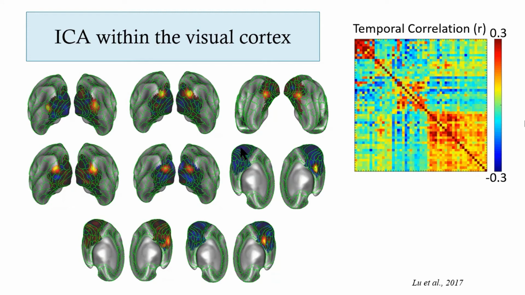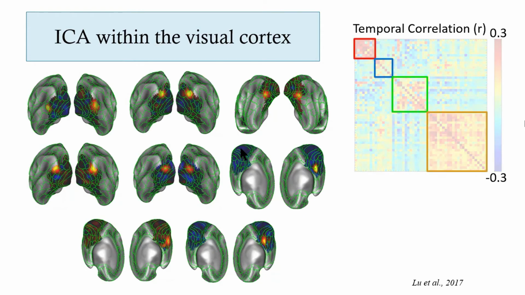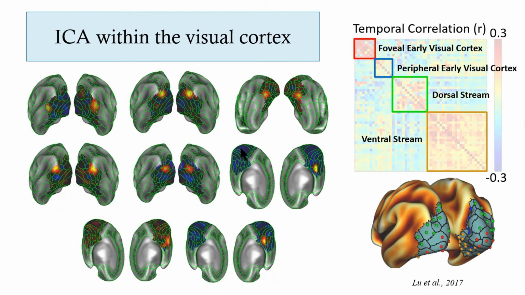You can look at the component-to-component correlation, and on the basis of that, you can end up with some clusters, and you find that the foveal early visual cortex, peripheral visual cortex, and the dorsal and ventral stream extrastriatal cortex seem to show up as different clusters.